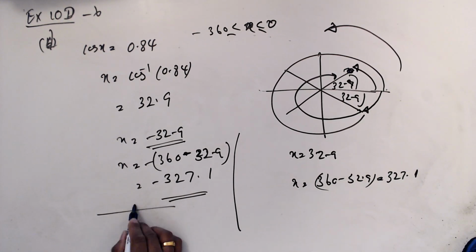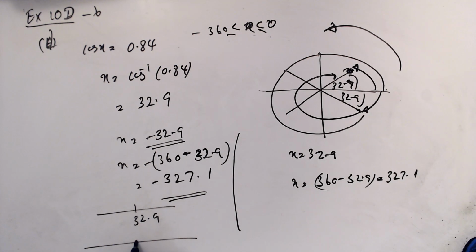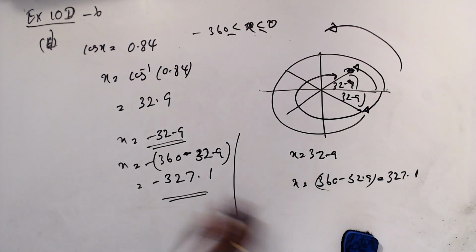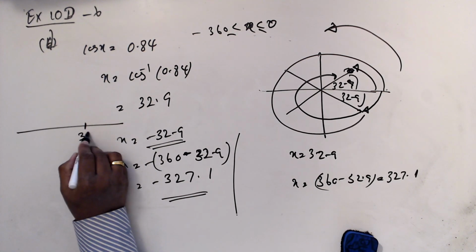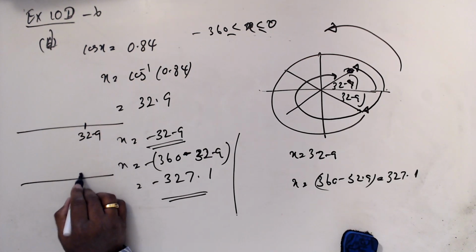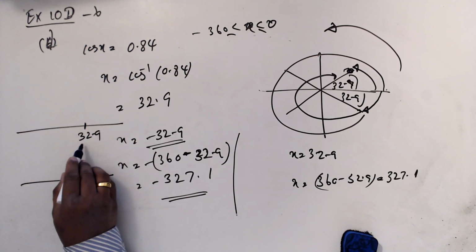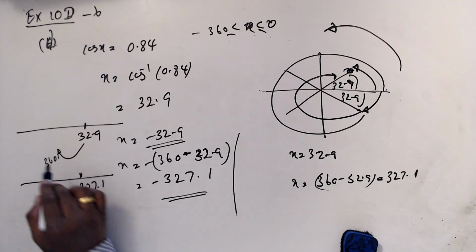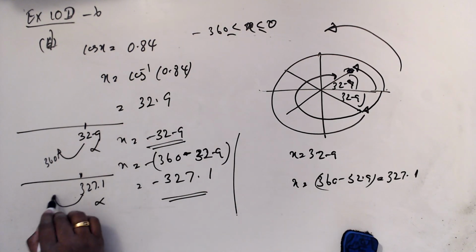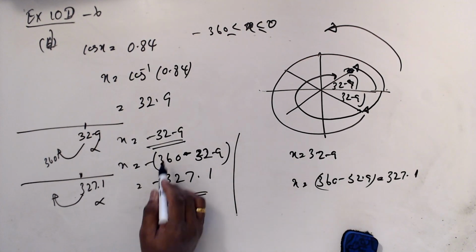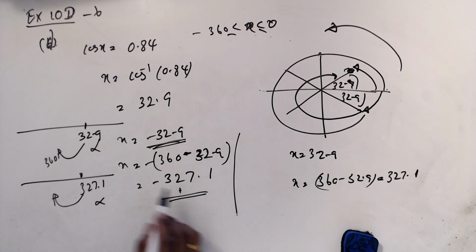So one is 32.9, the other one is 327.1. So you have to take out 360s now. These answers are both wrong now, out of range. Take 360s and then you will eventually get those two answers.